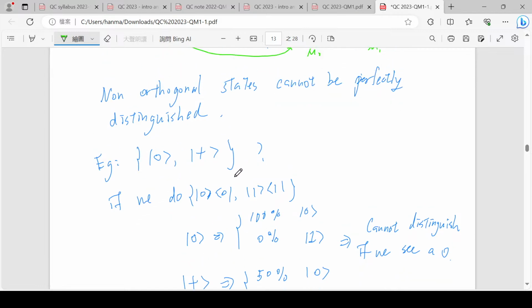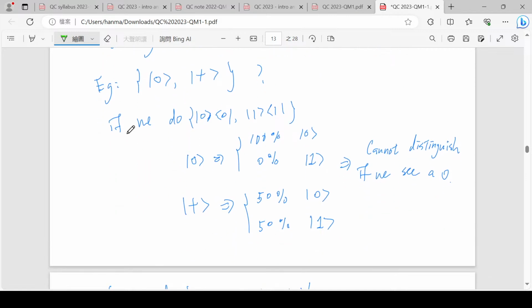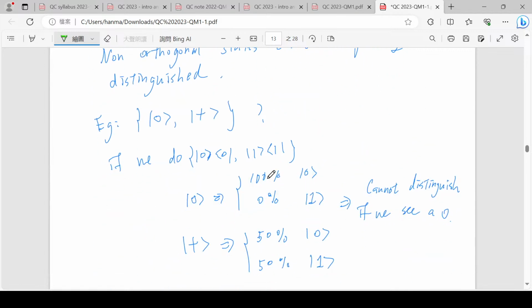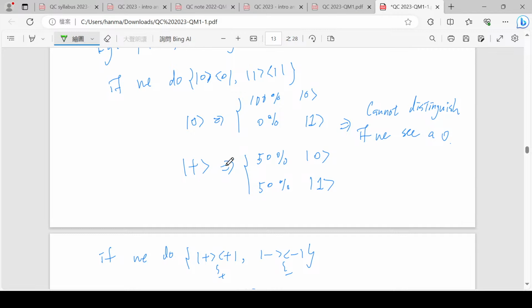Say you want to distinguish them with this 0, 0 and 1, 1 measurement. Then you do this measurement and you have a 0 outcome and a 1 outcome. And the 0 state, just like here, will give you 100% the 0 outcome, and 0% the 1 outcome. And the plus state gives you 50% 0 outcome and 50% 1 outcome.